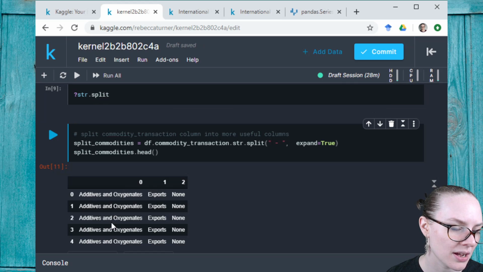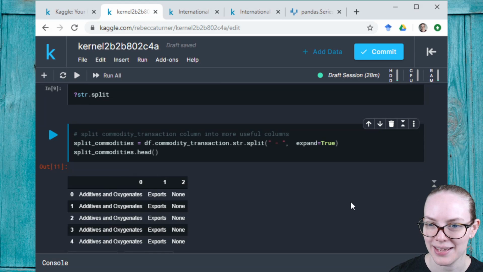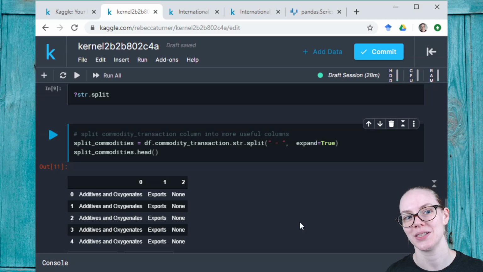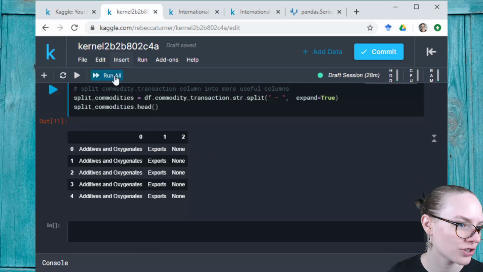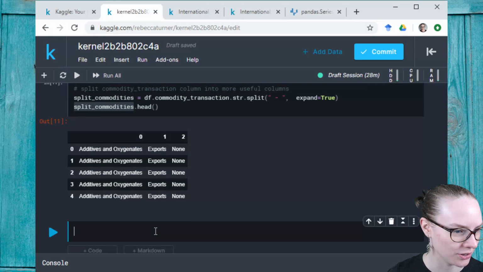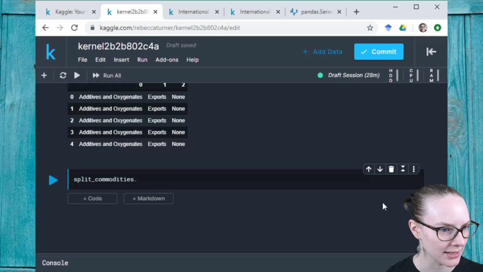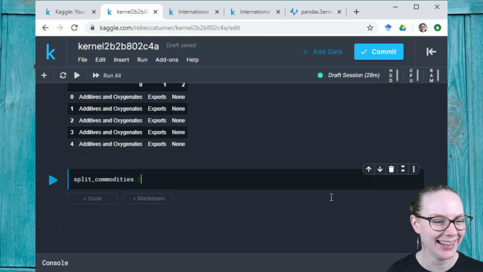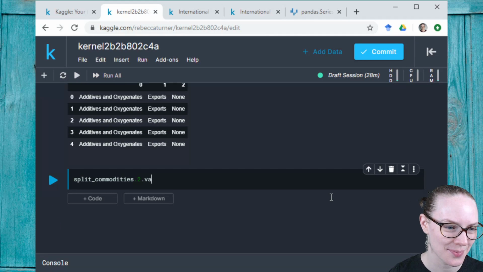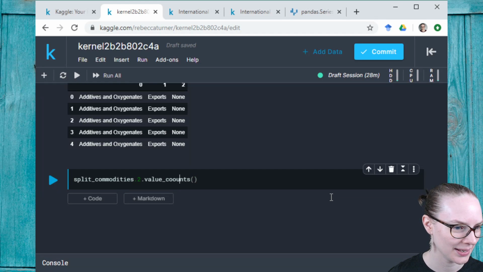So I think this one's going to be commodity and then use and then misc. I don't know what's in 2. Actually, let's check that out first before we start just giving things names that might not be very helpful. So split commodities dot 2 dot value counts. Nope. Value underscore counts. Counts. Nope.